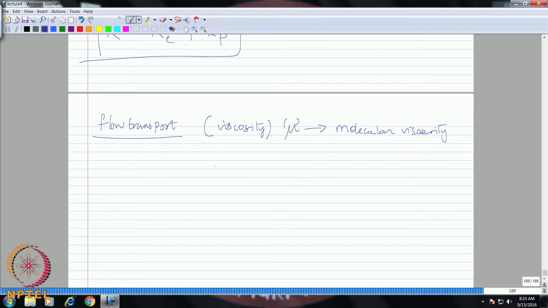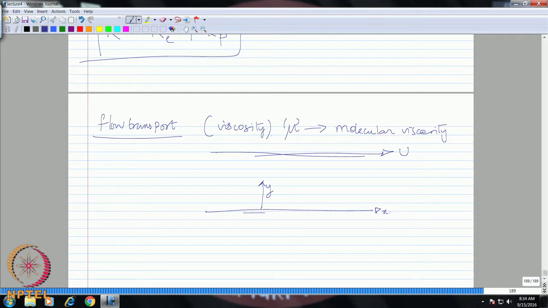I hope many of you remember how the Couette flow is. You have a bottom plate which is fixed, top plate which is moving with a velocity, let us say u, and if you have a coordinate, now the variation is primarily in the y direction, and these are infinitely long plates.